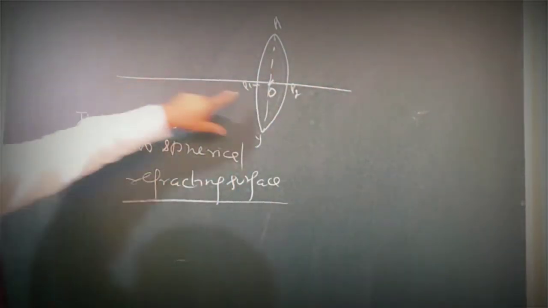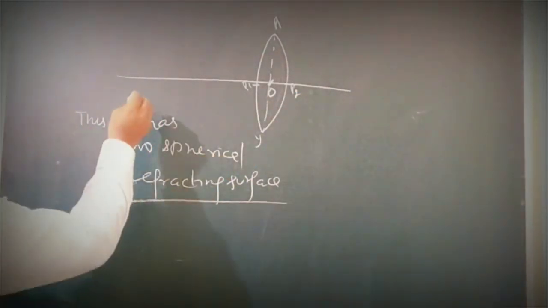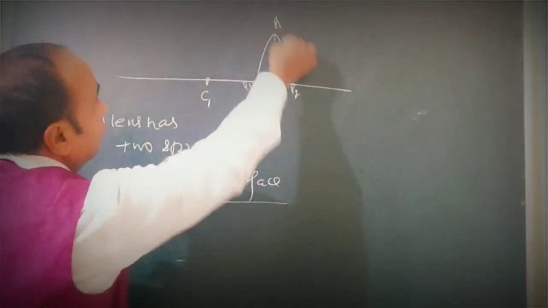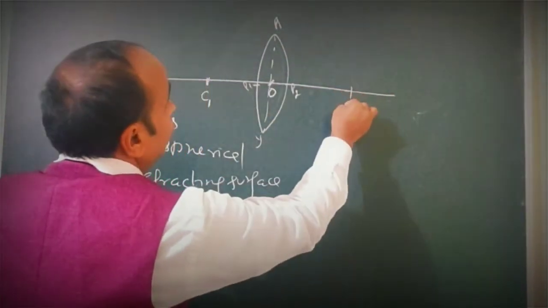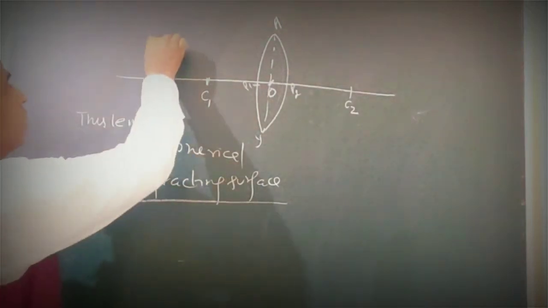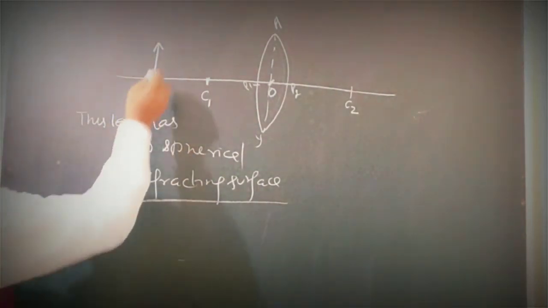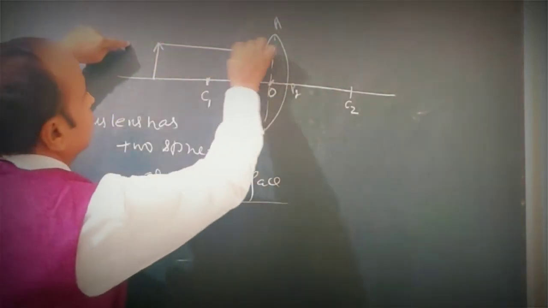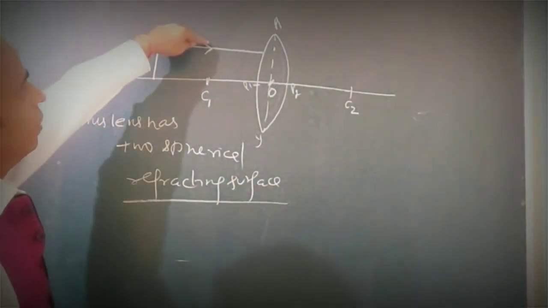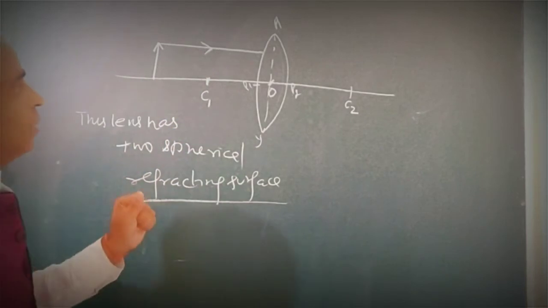Take this line, the principal axis, and suppose this is the center of curvature for this surface, and again this is the center of curvature for the second surface. Suppose an object is placed at this point. Now what happens? A ray travels from this particular point, and this ray is parallel to the principal axis.